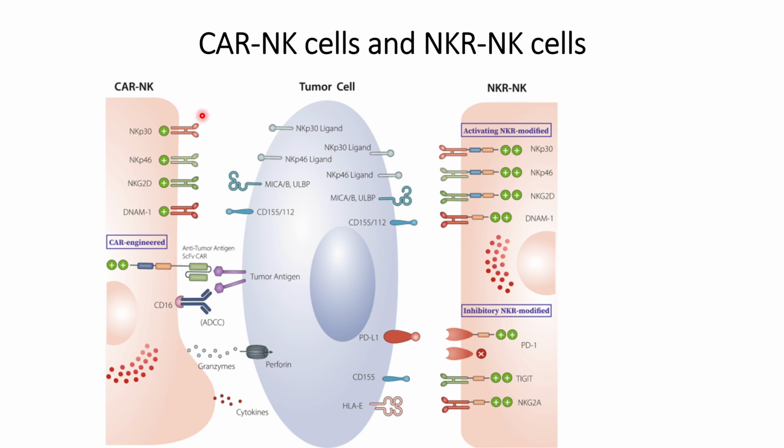It also has the natural receptors, just like the NK receptor engineered cells. However, in this case, there is no co-stimulatory domain, and it will only activate their respective pathways, such as NKp30, NKp46, NKG2D, and DNAM1.